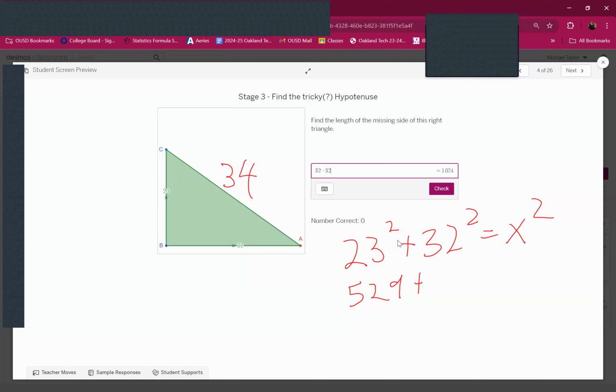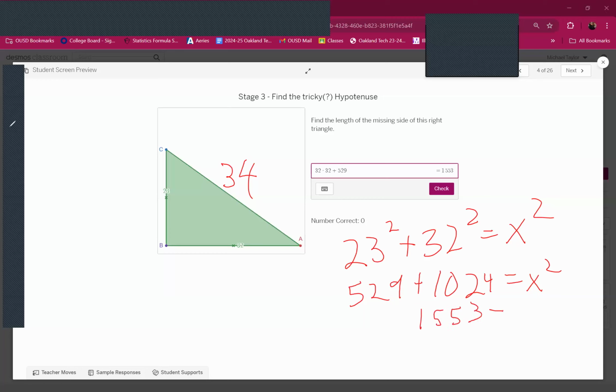So that is 1024. So 1024 equals x squared. And I'm going to add those two together. And because those are kind of big numbers, I'm going to use the calculator and say that plus the 529. And that's 1553.